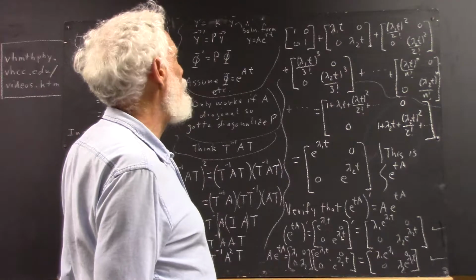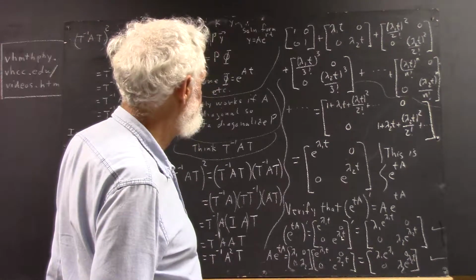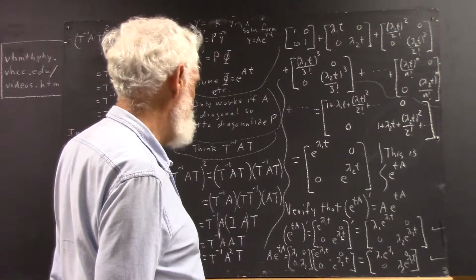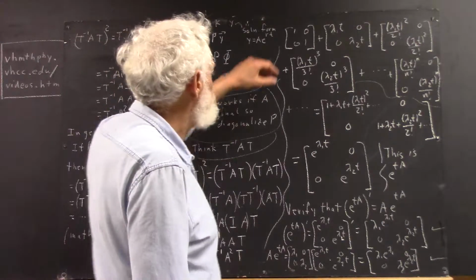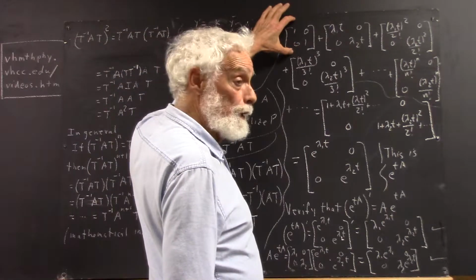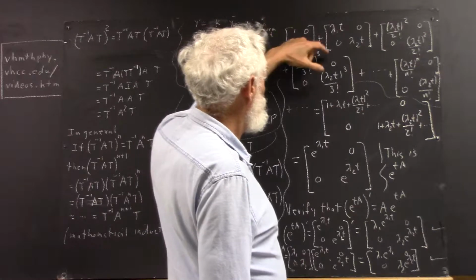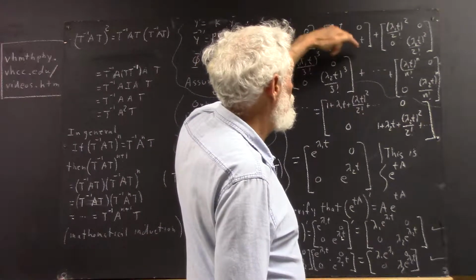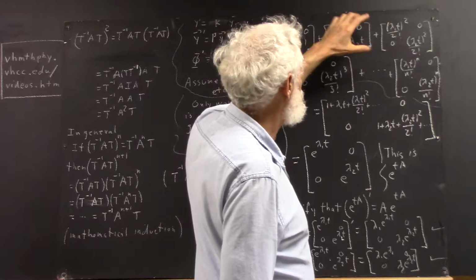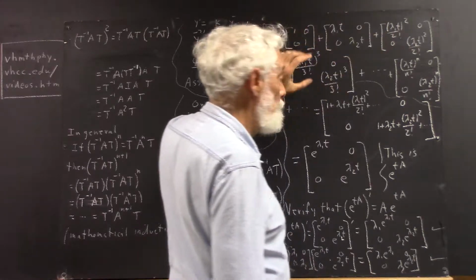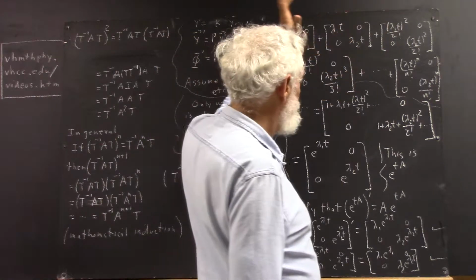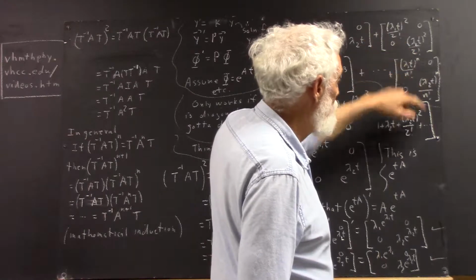Now we want to come back. Well, we want to look at the identity matrix plus our lambda 1t, lambda 2t matrix, plus the square of that matrix, plus the cube of that matrix, plus, etc., out to the nth power of that matrix.